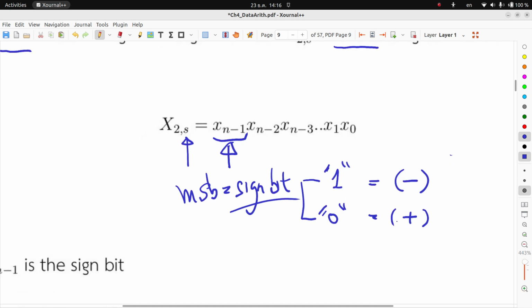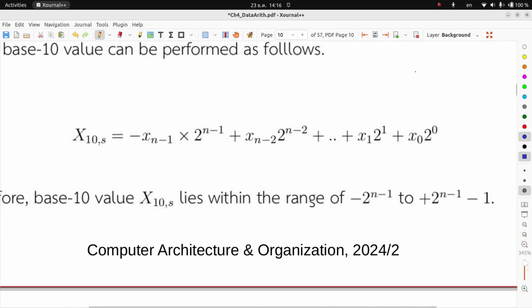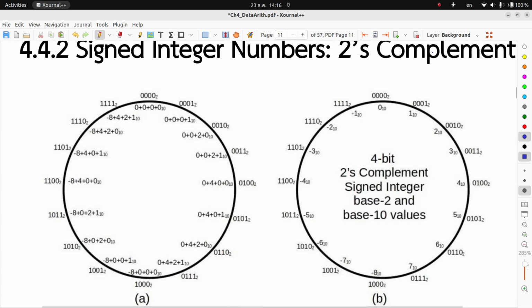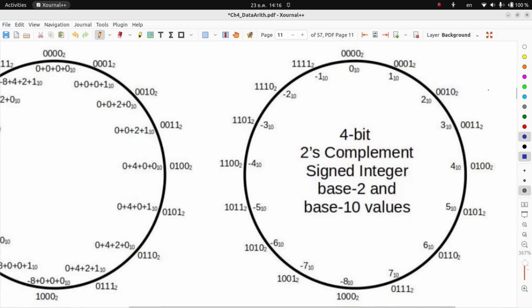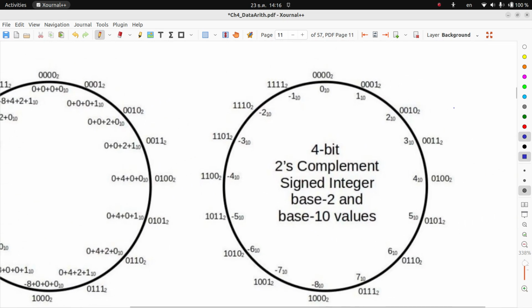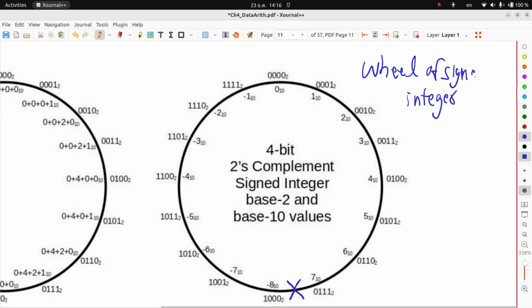For example, let's go to this pattern. I call this a view of signed integer numbers.